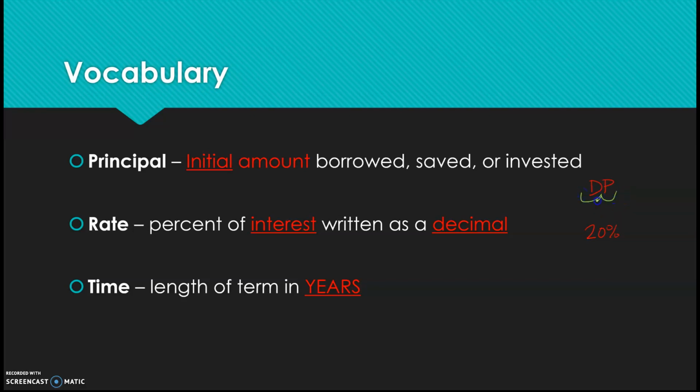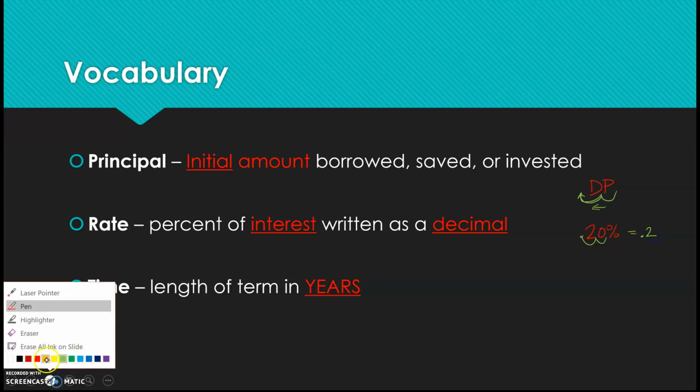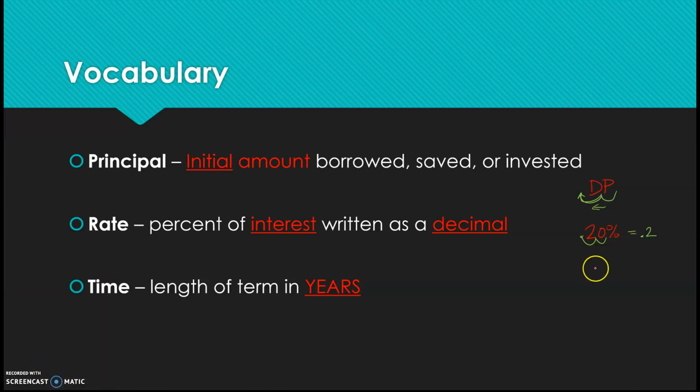From percent to decimal, you go to the left 2 places. So 20% written as a decimal is 0.2. Just like that, the same as what if it's 5%?